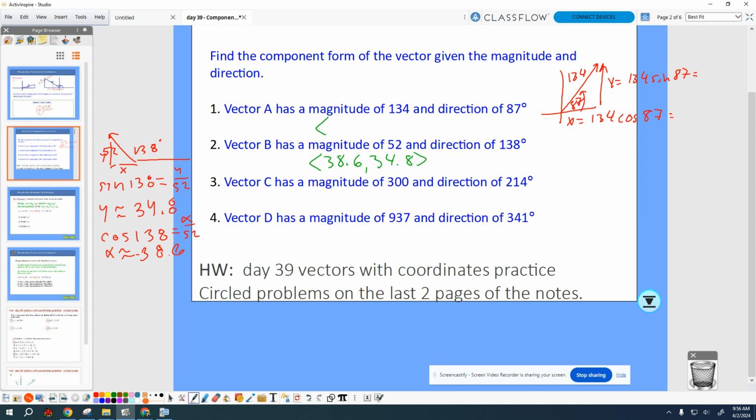Monica, what answers do you get for number one? I wrote the work out, but I didn't bring up the calculator. Yeah, he's switched it right back. Can you type in 134 times cosine 87 so we can get the answers to number one?